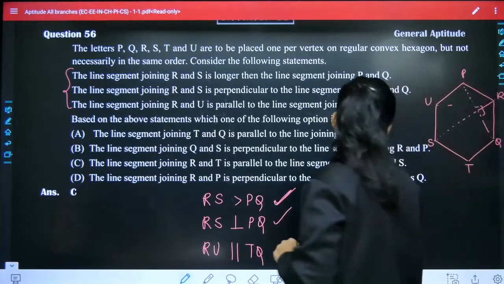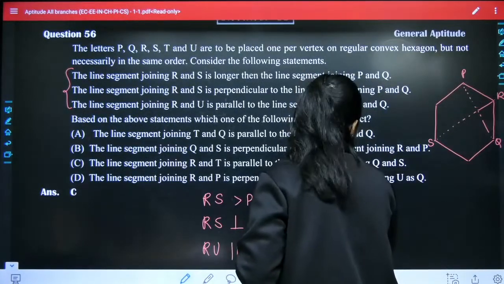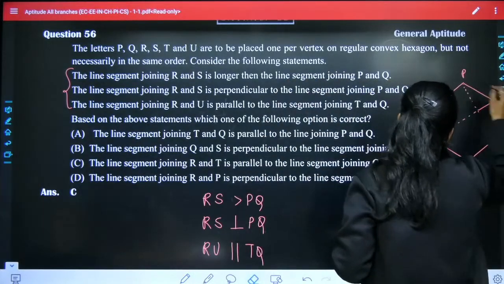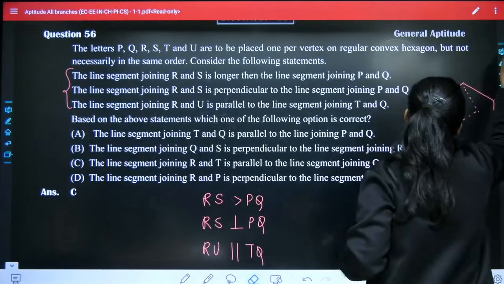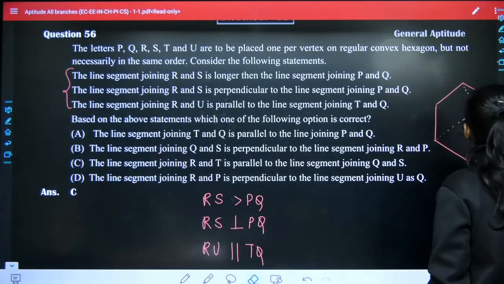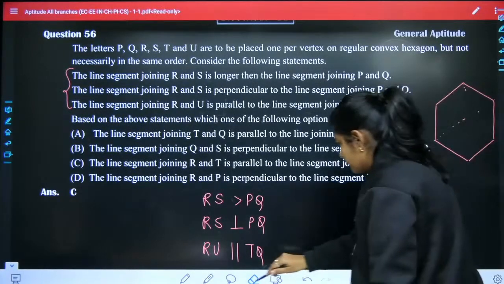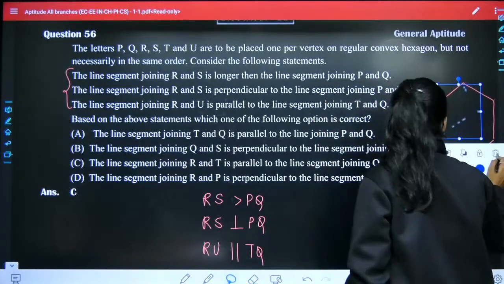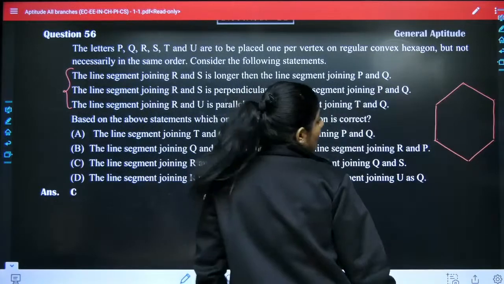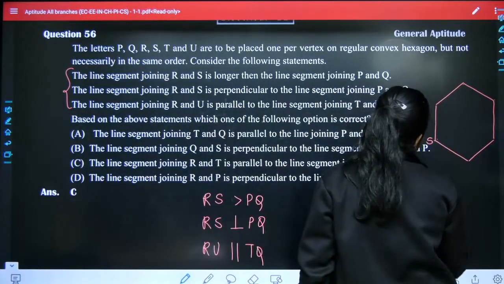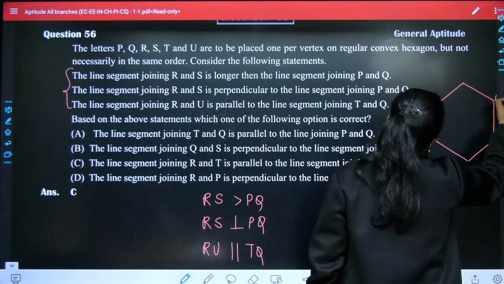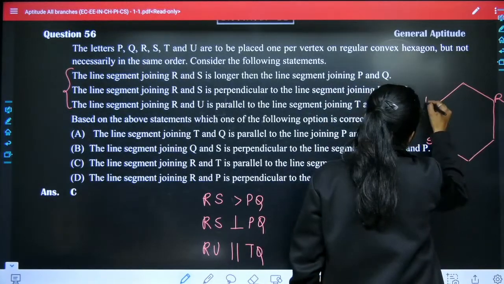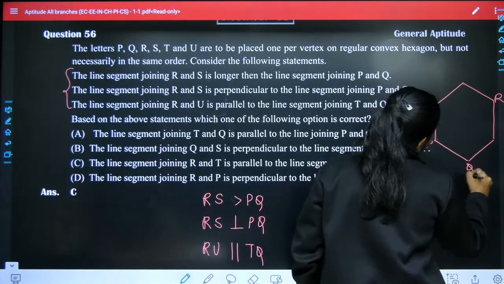And now we need to change the diagram. Let's take some other case. Now if we put S over here and R over here, this is the diagonal. Now here we can put P here and Q here, right?